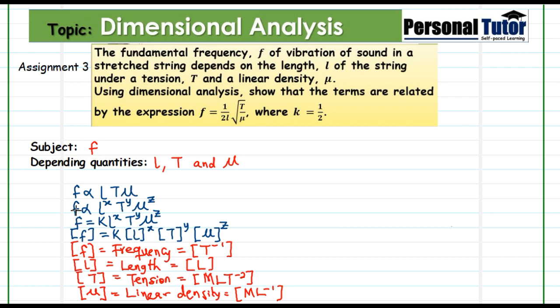Let's then substitute into the equation. For the frequency, it is T exponent -1 equals K. That of the L is a capital L, the power S. The tension, M L T exponent -2, the power Y. Then the last is the mu, M L exponent -1, to the power Z. Great.